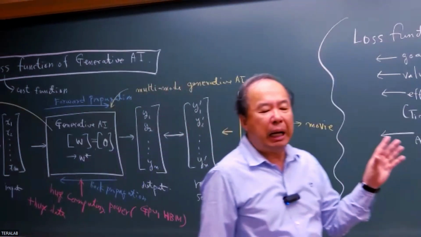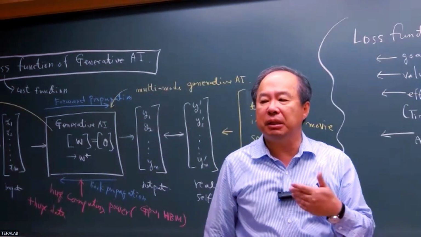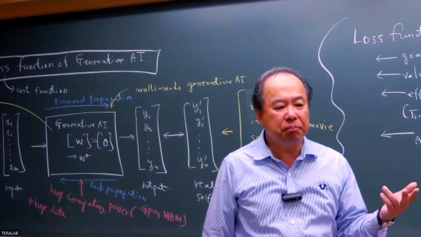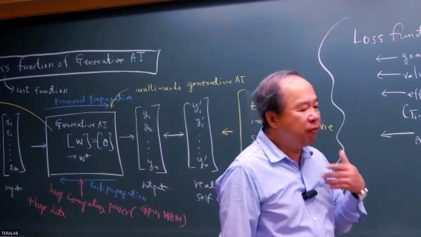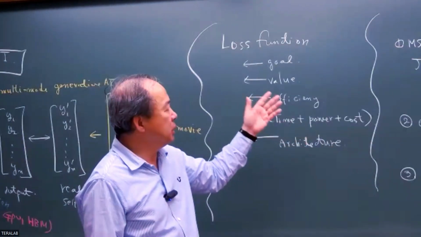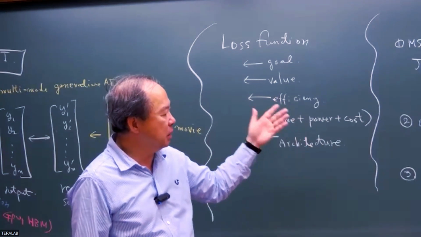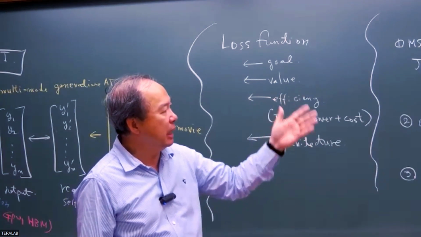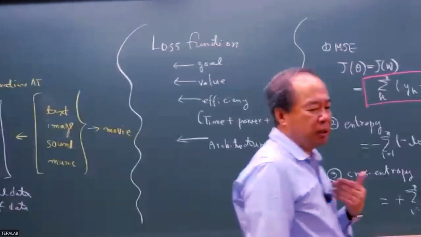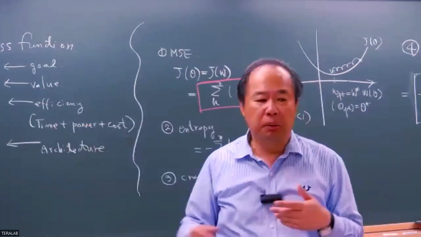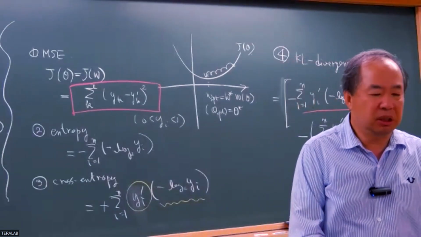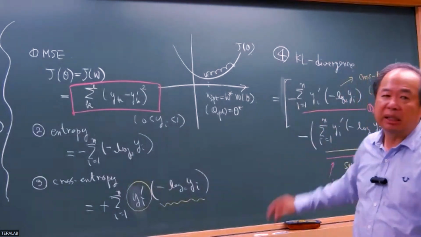And in the future, there might be many different types of loss function, but so far, I can say that there are 4 different types. Number 1 is mean square error. Second is entropy. Third is cross entropy. The last one is KL divergence. Based on my experience, many of the currently commonly used generative AI use this KL divergence.